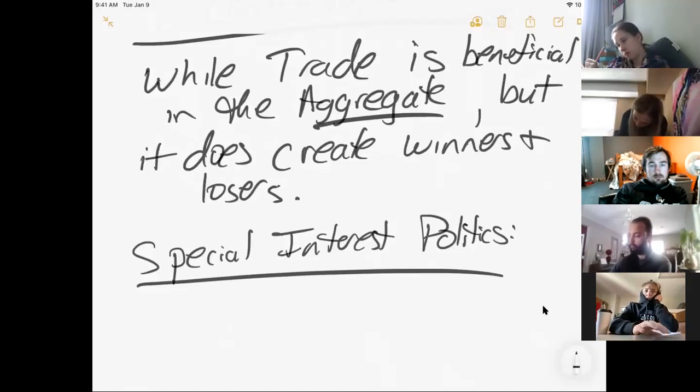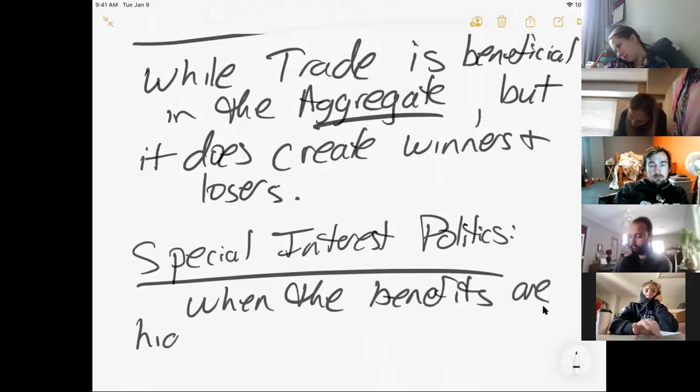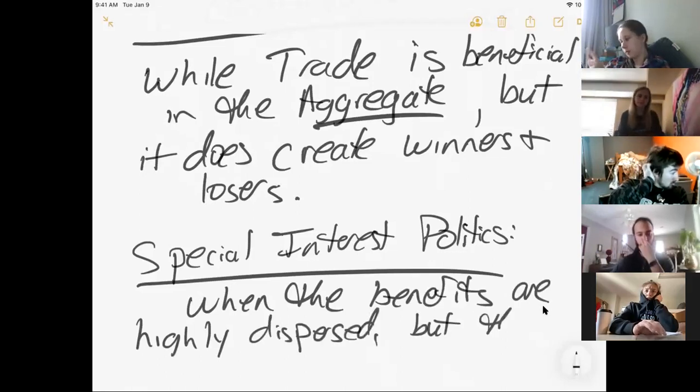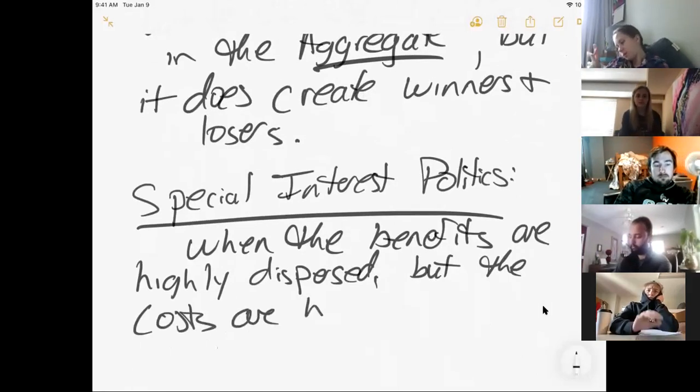Having one issue which becomes important. And special interest politics are most likely when the benefits of a policy are highly dispersed, but the costs are highly concentrated.